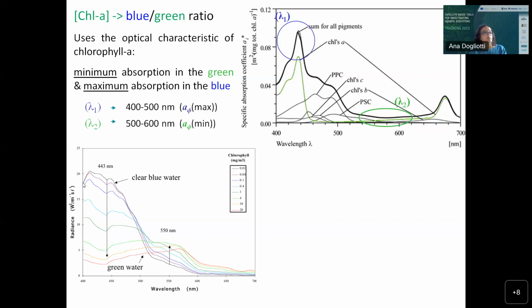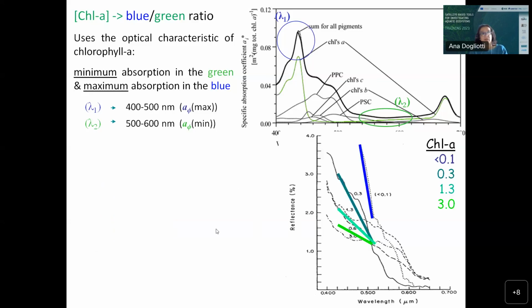So we can see how the water reflectance changes when the chlorophyll concentration increases. Given the high absorption in the blue, when chlorophyll concentration increases, the reflectance will decrease in the blue, while in the green, given it's almost constant, basically it will stay the same or slightly increase.